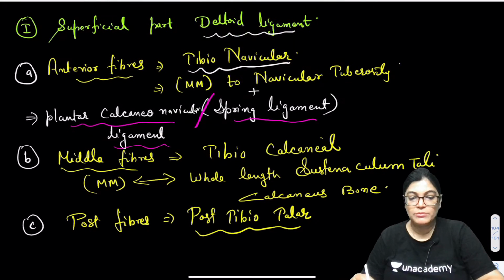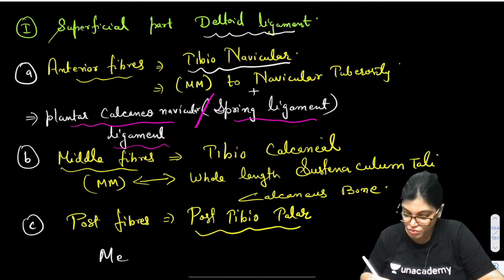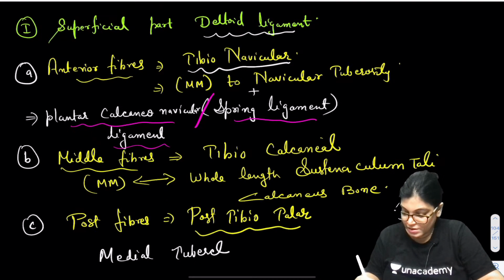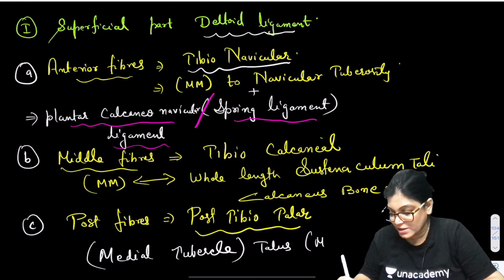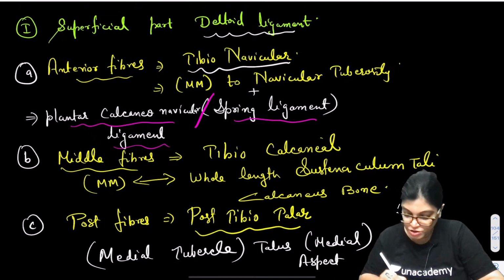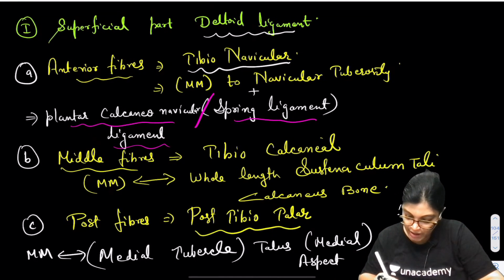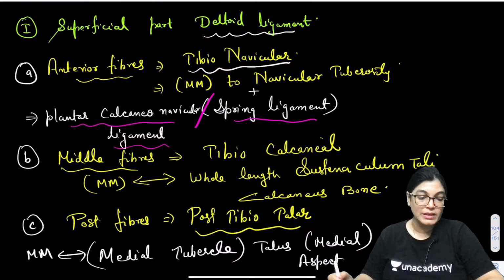The posterior tibiotalar is attached to the medial tubercle of the talus bone on the medial aspect. So the upper attachment is the medial malleolus, and from there to the medial tubercle of the talus bone.